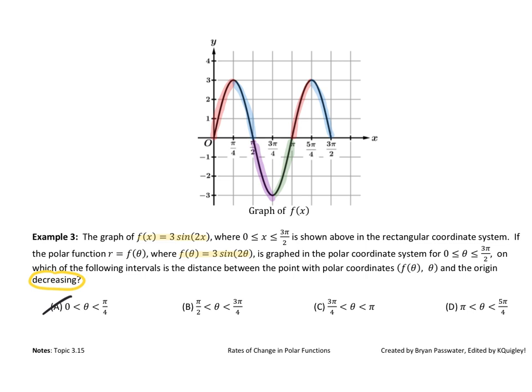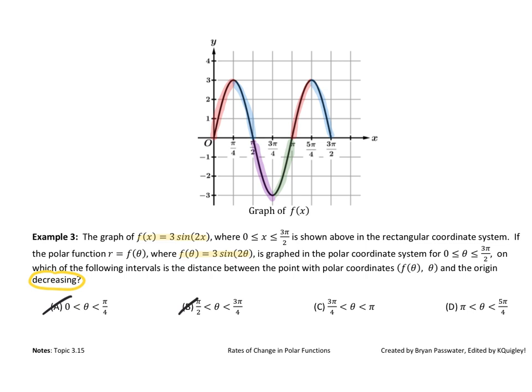Between pi over 2 and 3 pi over 4, is this distance between the midline and the function getting closer? No, it's getting further away because that graph is going away from it, so the distance is increasing.